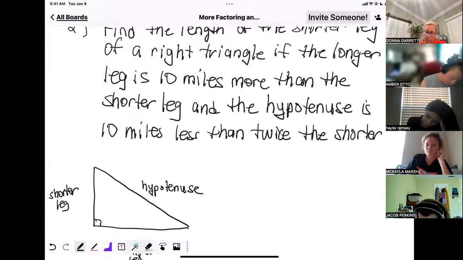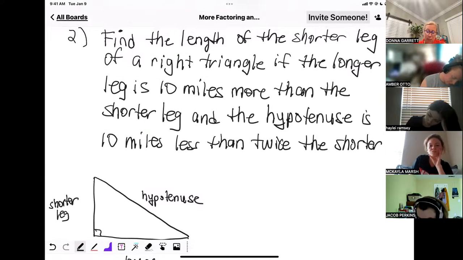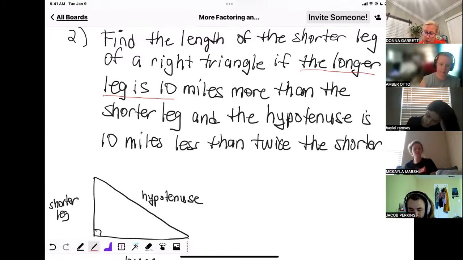Okay, so they just tell us how they compare, right? So when you compare, you're writing an expression. So let's just look at the first one. The longer leg is 10 miles more than the shorter leg.